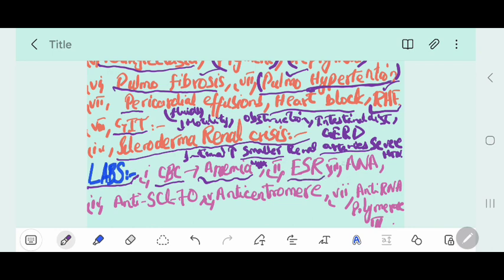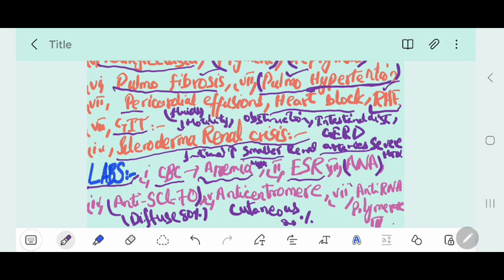ESR is usually normal. ANA is positive in almost all cases, while anti-SCL70 antibodies are present in the diffuse disease, and anti-centromere antibodies are present in the cutaneous disease. So, in 80% of the cases of diffuse disease, anti-SCL70 antibodies are present, while in 20% of the cases of limited or cutaneous disease, anti-centromere antibodies are positive.